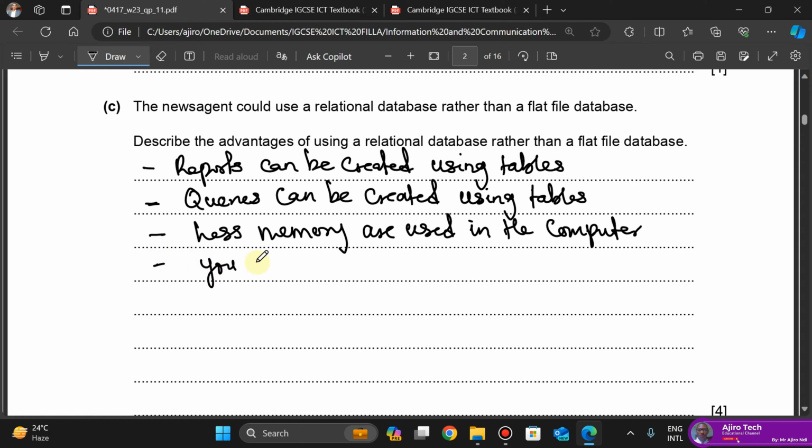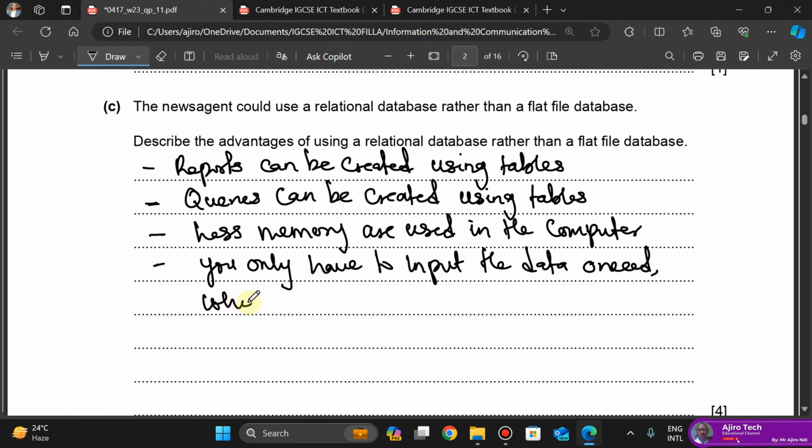You only have to input the data once, which saves time.